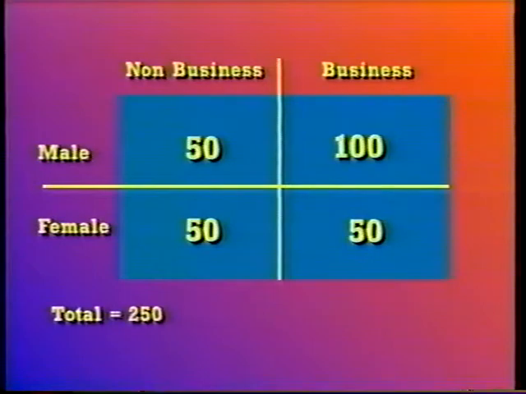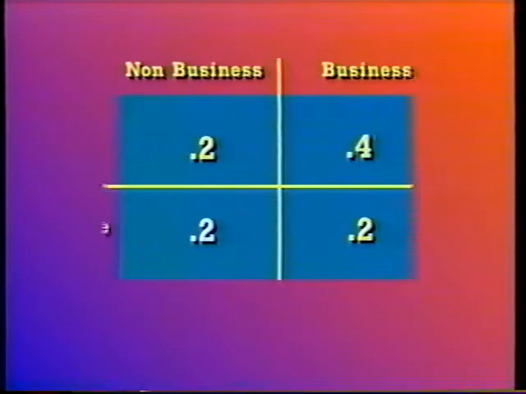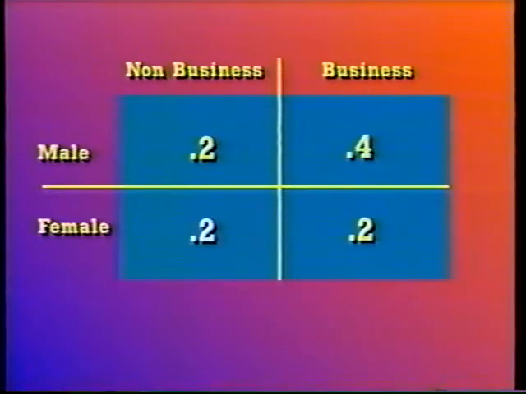We can convert this table into a joint probability table by dividing each cell by the total number of students that we have, which in this case is 250. We now have a joint probability table. For example, it shows that the probability of a student being both female and non-business is 20%.